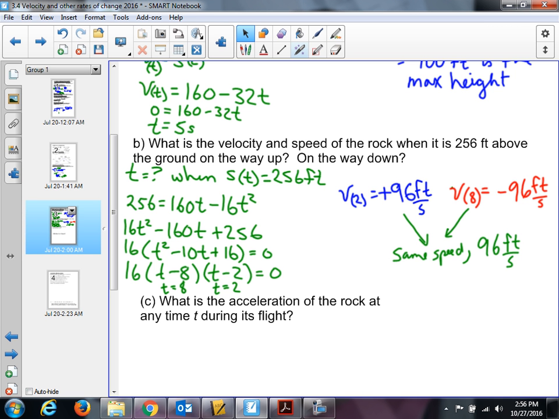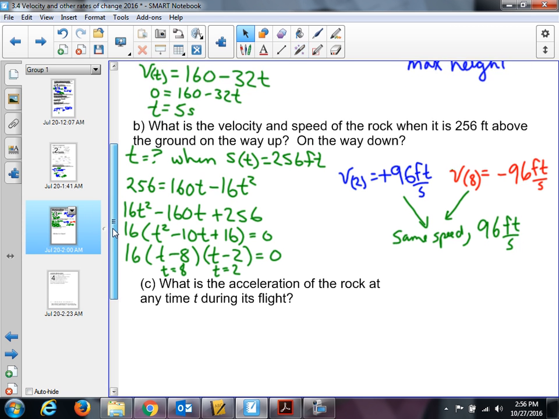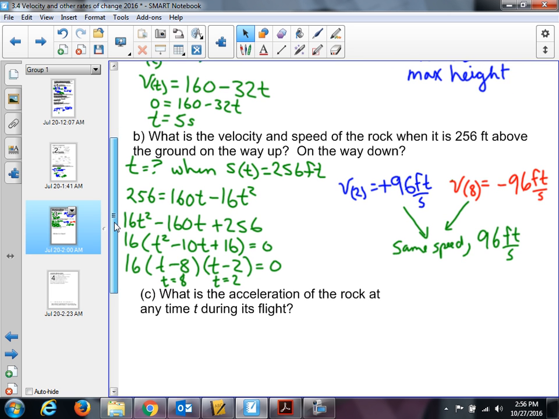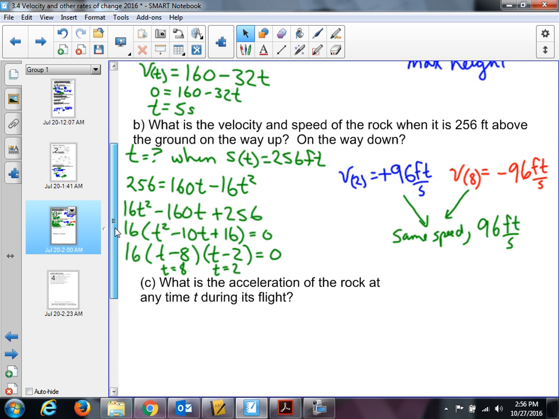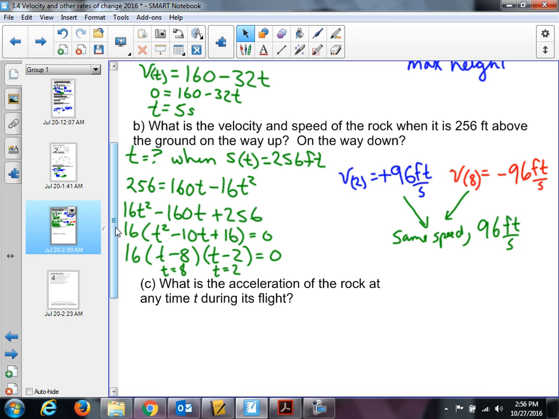Now, acceleration at any time. If we have a velocity function, we can find it, because it's the second derivative of this s function. So take the derivative of the v function.